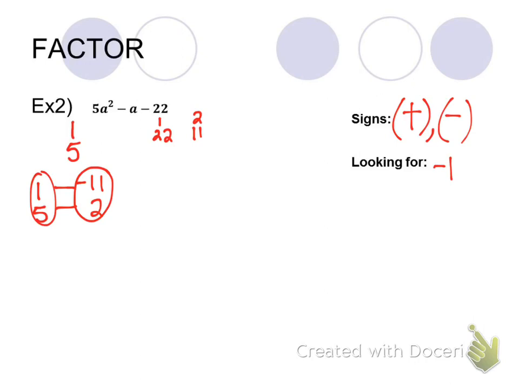So we connect our little bubbles. 1 times -11 is -11. 5 times 2 is 10. And if I combine them, what do I get? A -1. Is that what I wanted? Yes, I put it over here. I'm looking for a -1. So Ryan got it right.